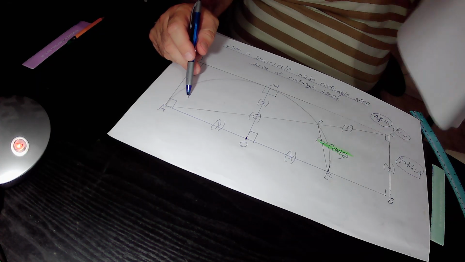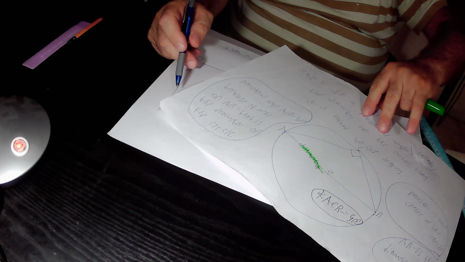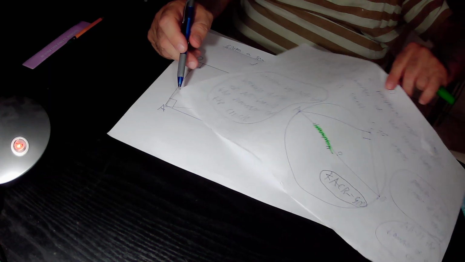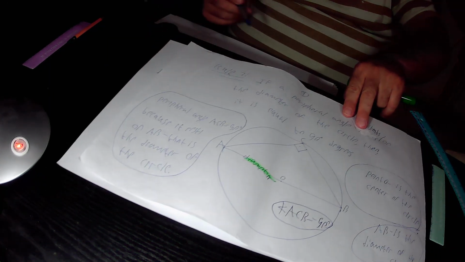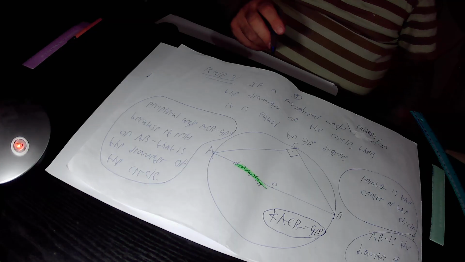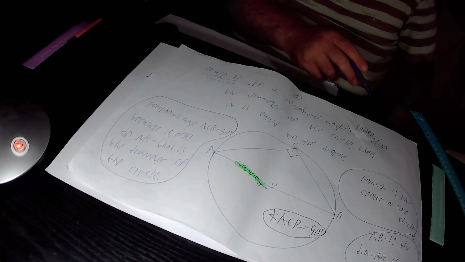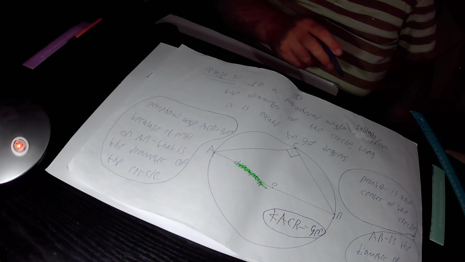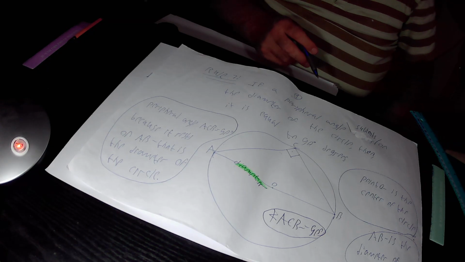This is according to rule 7. Let me repeat quickly rule 7: if a peripheral angle subtends on the diameter of the circle, then it is equal to 90 degrees.